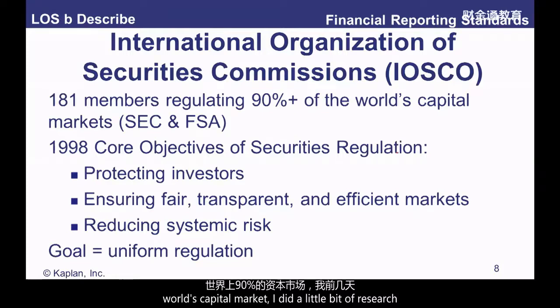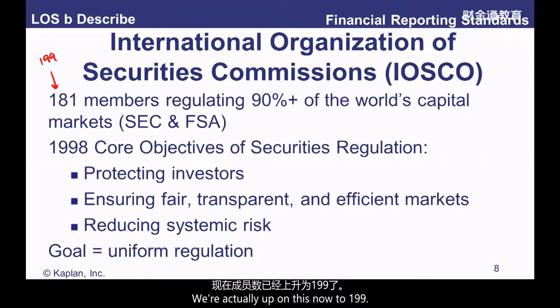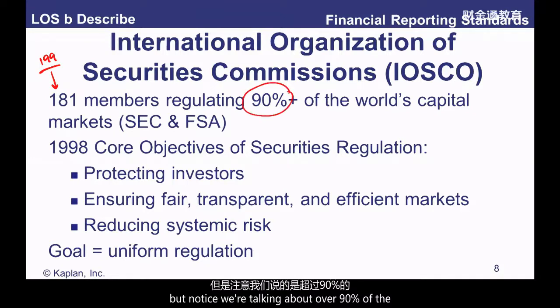Now, I did a bit of research the other day. We're actually up on this now to 199. Don't worry, I don't think the CFA in any way is going to ask you how many members do you have in IOSCO, so it's not a number you need to remember. But notice, we're actually talking about over 90% of the world's capital markets.